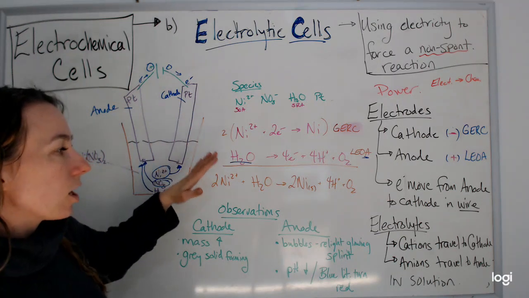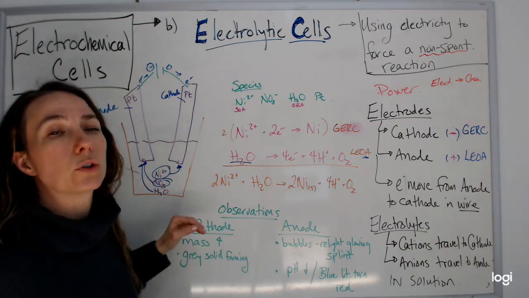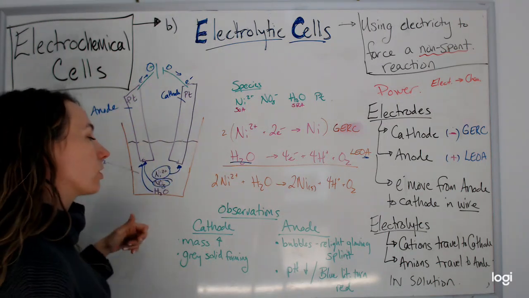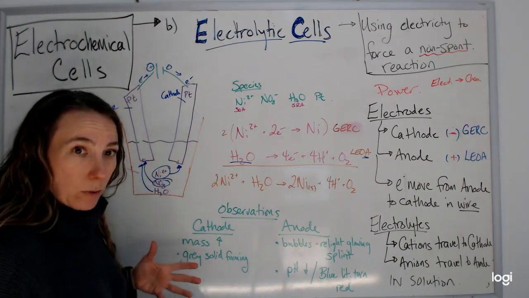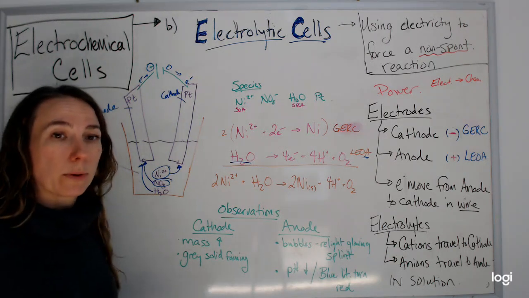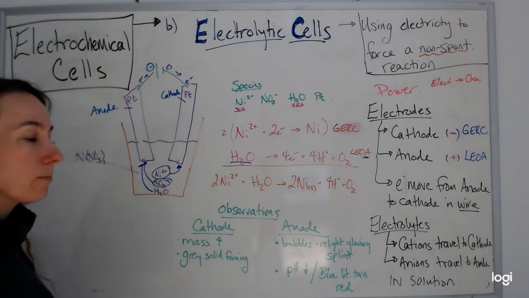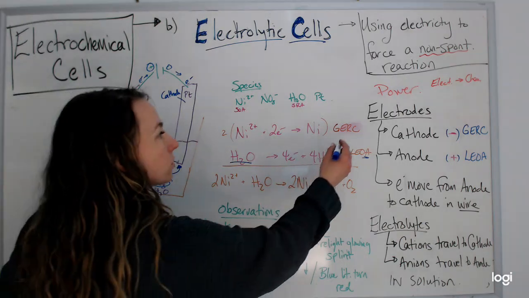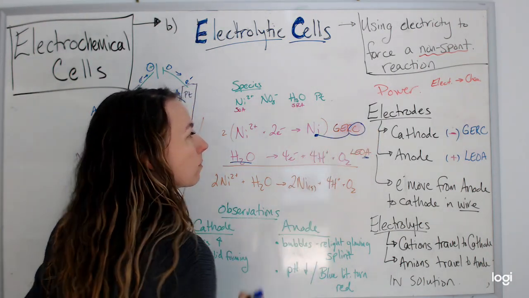Now let me just talk about observations, because that's something else you're going to be asked. What would we observe happening at the cathode, and what would we observe happening at the anode? So here are my answers, but in order to come up with that, I had to do a little bit of thinking. So if this is the cathode reaction, this is what is forming at the cathode.